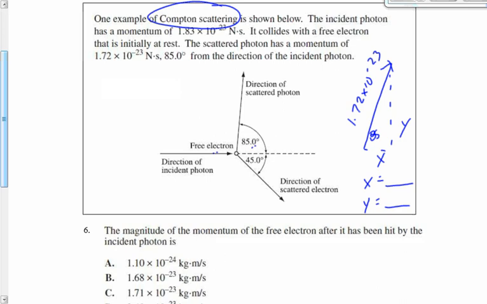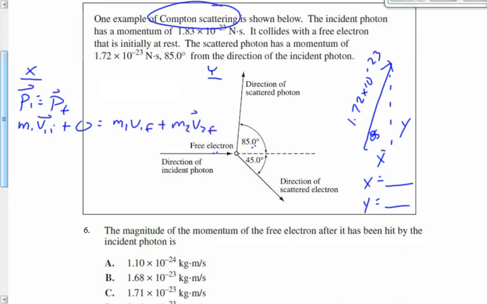And then let's do x's and y's for pi equals pf. You guys remember this from back in Unit 1? Pi equals pf. We're going to say m1 v1i plus 0, because the electron's at rest, equals m1 v1f plus m2 v2f. But we don't really have m1 and m2 because one of them is a photon.